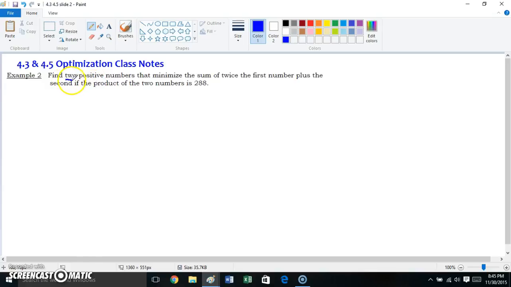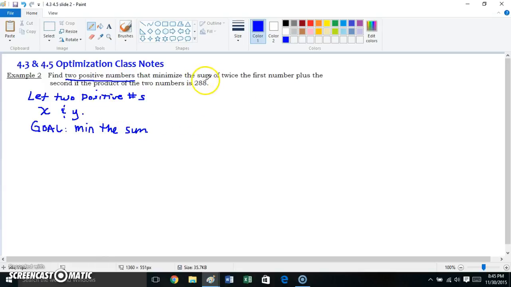So, two positive numbers. Let's let the two numbers be x and y. What is our goal? Our goal is to minimize the sum.